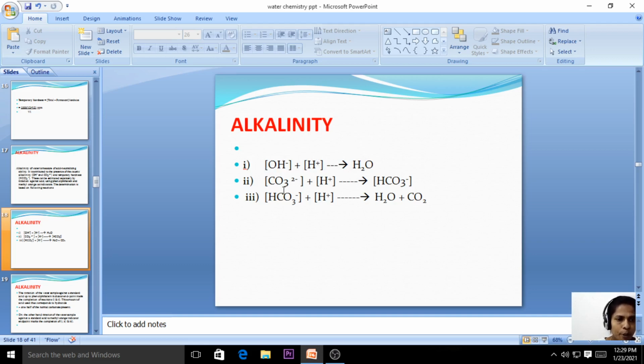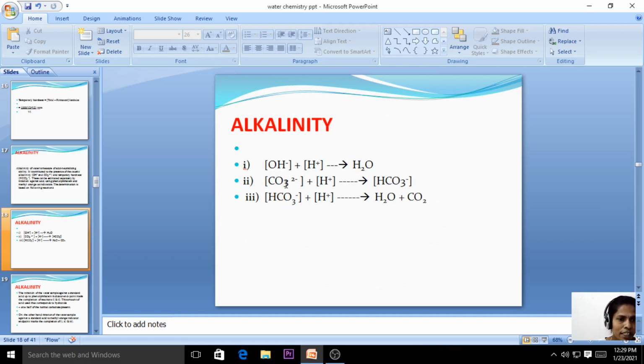But when carbonate is titrated with acid, it does not undergo complete neutralization. If it underwent complete neutralization, we would get the neutral compound, but instead of giving the neutral compound, it is giving an ion. If it is releasing an ion, it does not undergo complete neutralization, it undergoes half neutralization.